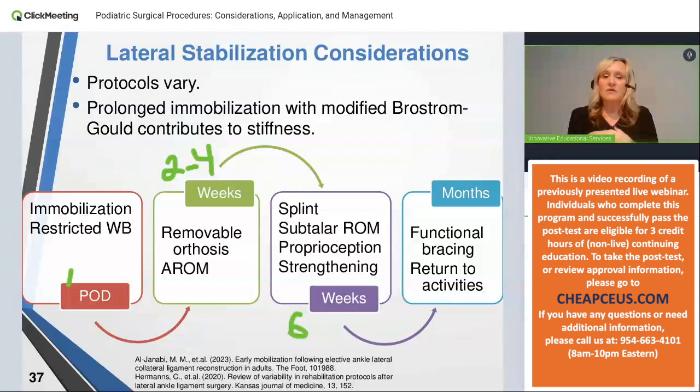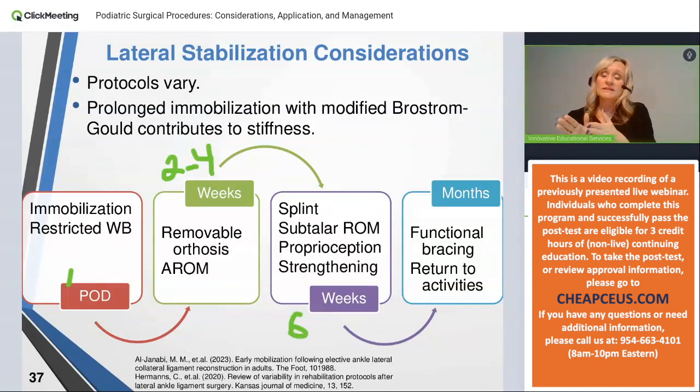So you're going to look at reactivity. How much swelling is there? How much discomfort is there after the activities? Some of the recommendations are that, well, until you can have a normalized gait pattern, you shouldn't really be working on dynamic weight bearing activities for that patient because it may stress this ankle too much.